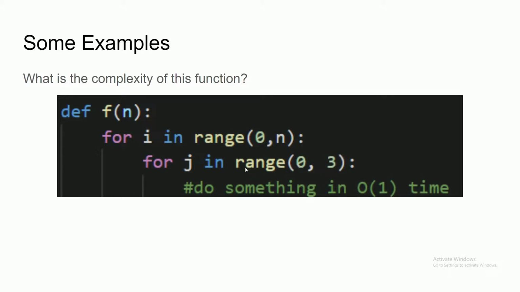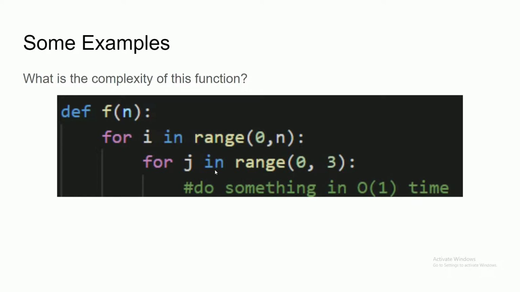Something that's important to note is that every time this inner loop runs, it doesn't matter how big n is, it's going to run 3 times. And whatever is inside this inner loop is also going to run in the same amount of time.